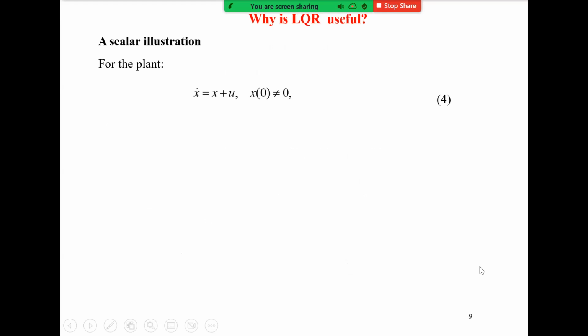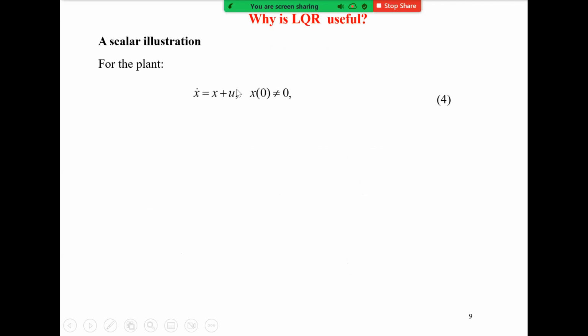To understand the whole idea of the linear quadratic regulator, let's take a look at one simple example. It's just a first order system. The state is a scalar, and there is only one input.